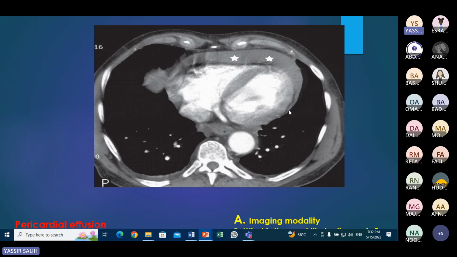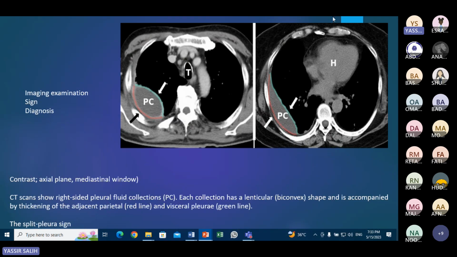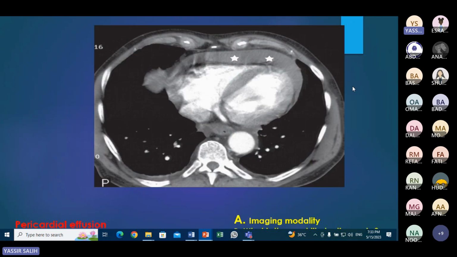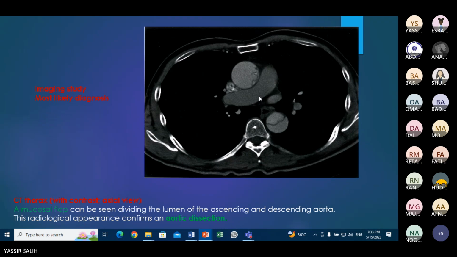In this slide there is fluid surrounding the pericardium or the heart. This is all fluid: a pericardial effusion, fluid around the heart. The heart here is supposed to have no pericardial fluid, but this is pericardial effusion.